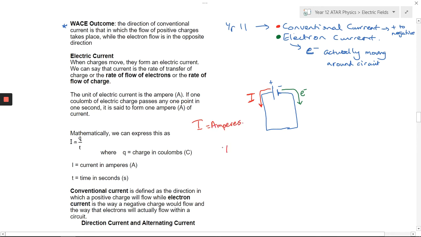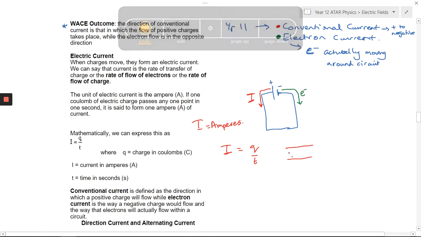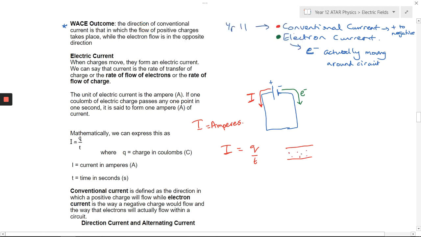Current is the flow of charge per unit time. So remember that current is the flow of charge per unit time. If you imagine a pipe, the more charge is flowing through, let's say the more electrons flowing through this wire at a given time, the more the current will be.